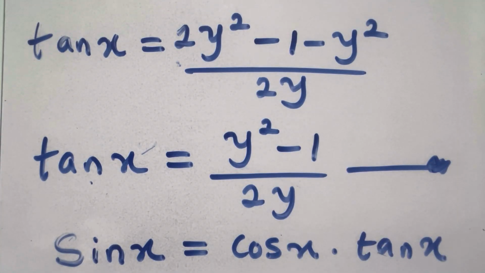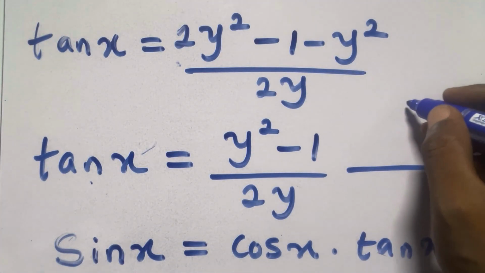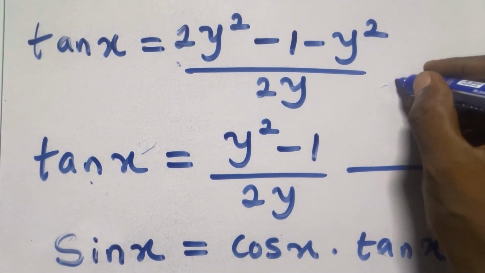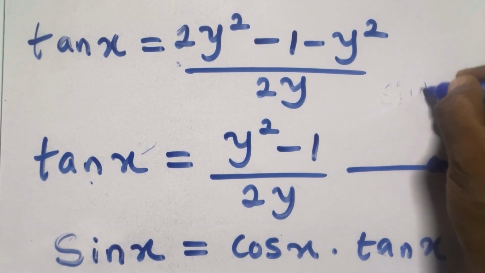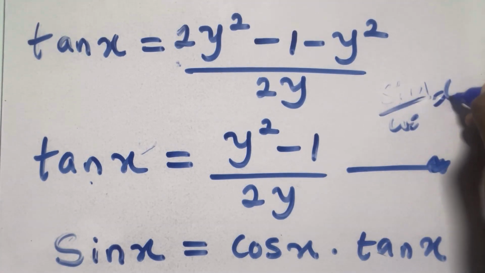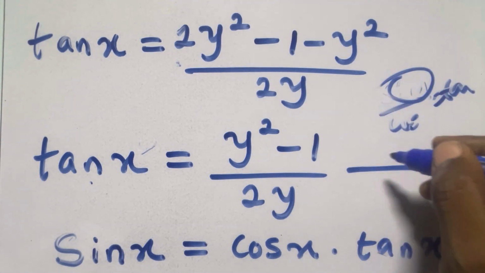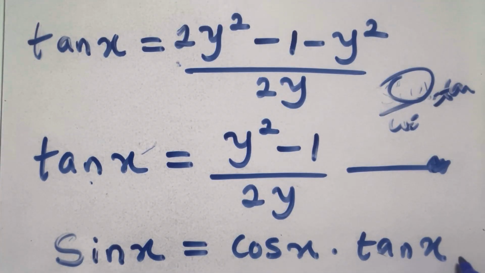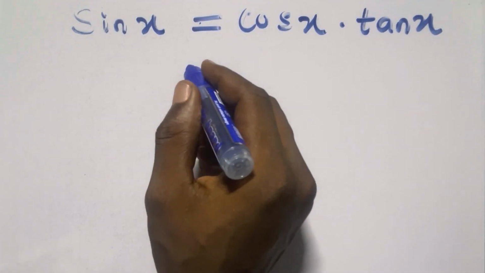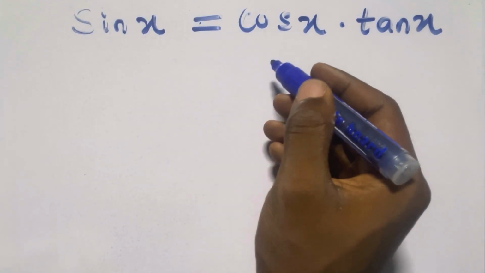So the function is equal to sin x. So we have to obtain sin x here, and from the relation that says sin x divided by cos x is equal to tan x, we can actually make sin x the subject of the formula here, and this is what we have. All right, so let's move forward. So this is what we want to use to find sin x, but we are only given sec x, right?